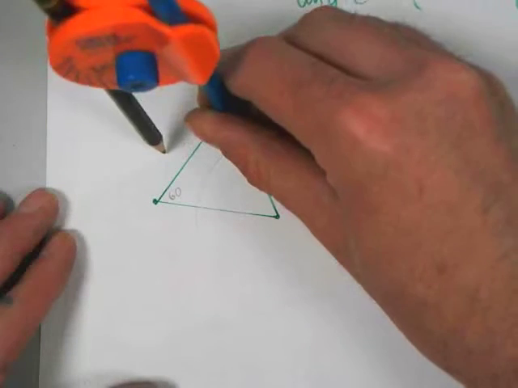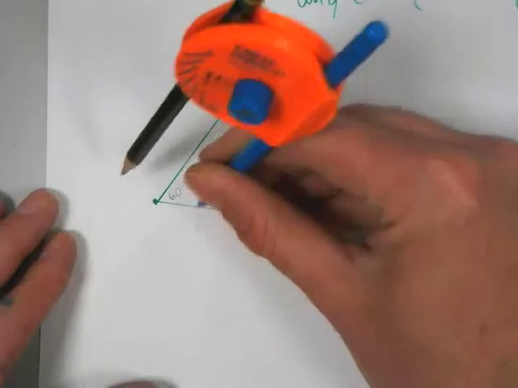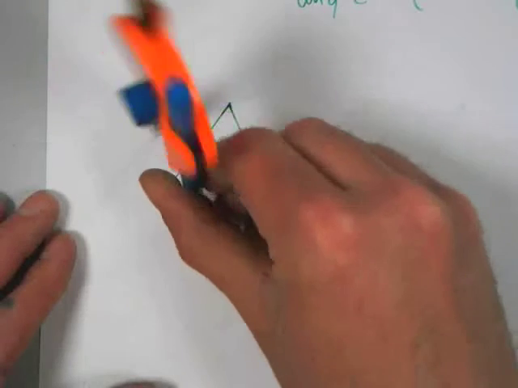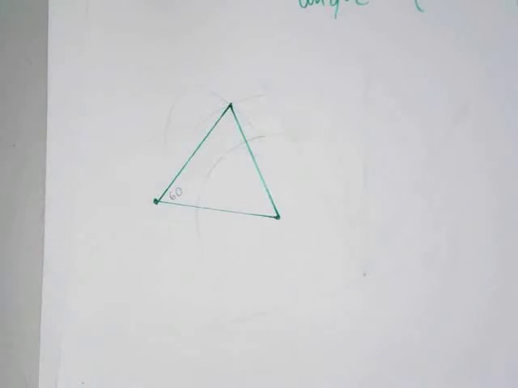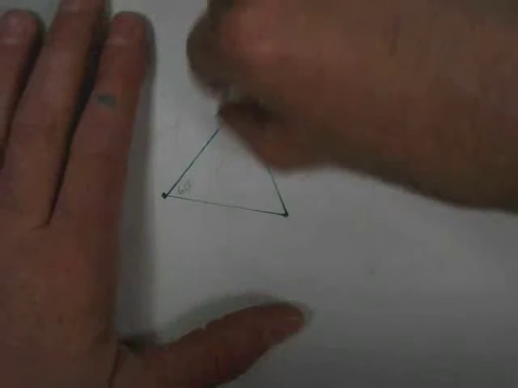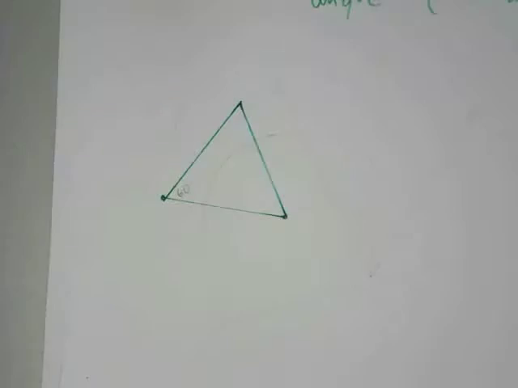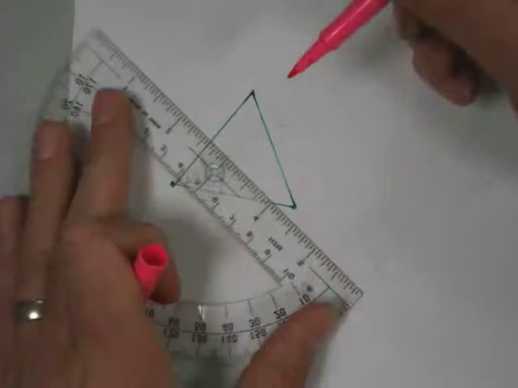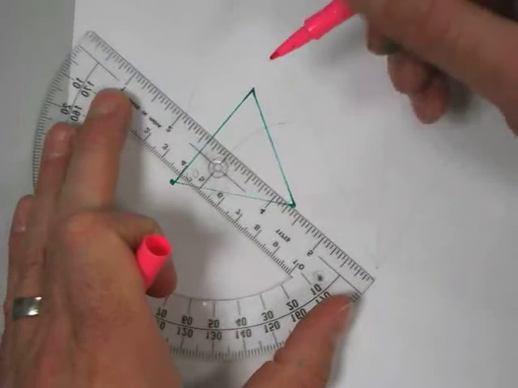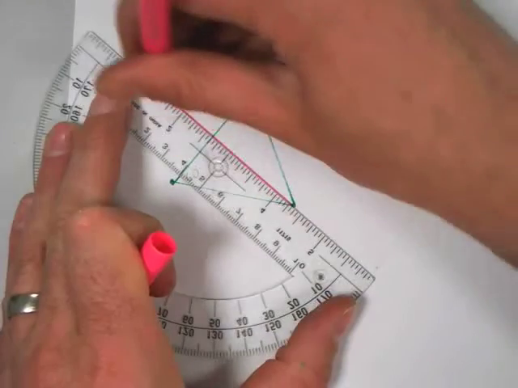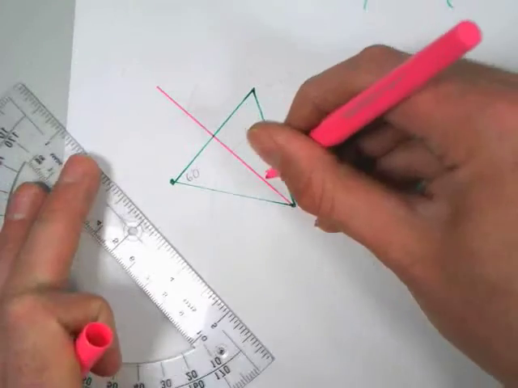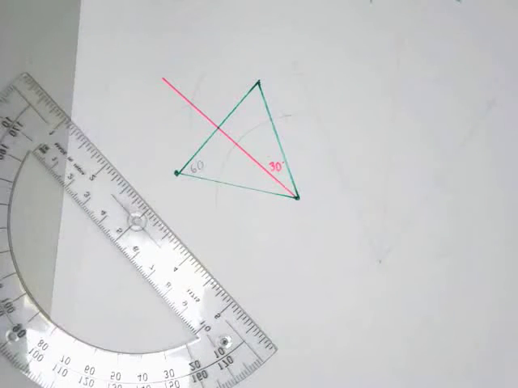So just what we did before: arc, arc, make that intersection point. This stuff up here was for my equilateral triangle, and I have my angle bisector construction. This is a 30-degree angle. Sweet.